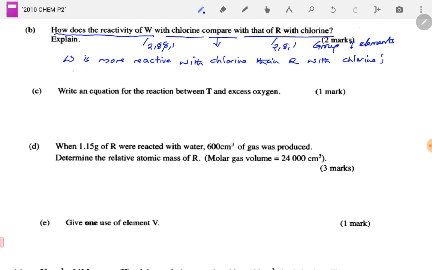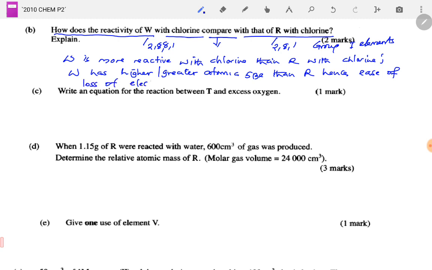The reason is W has higher, or if you like, greater atomic size than R, hence ease of loss of electrons.